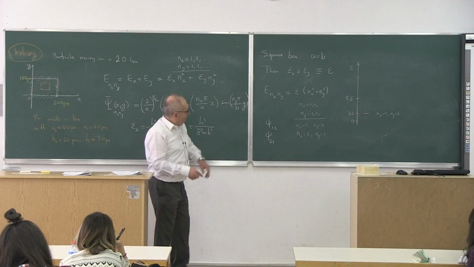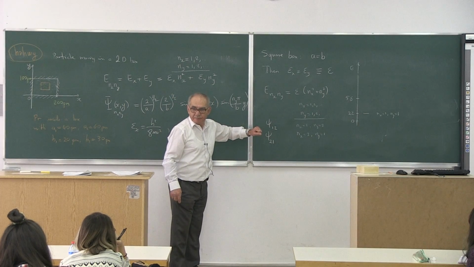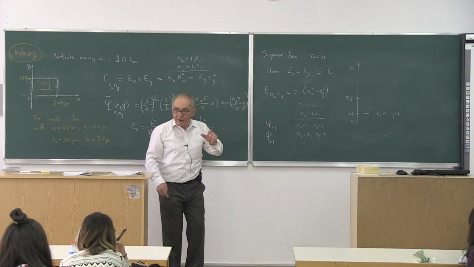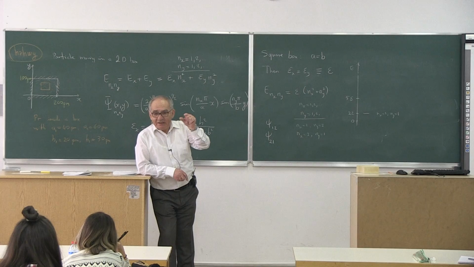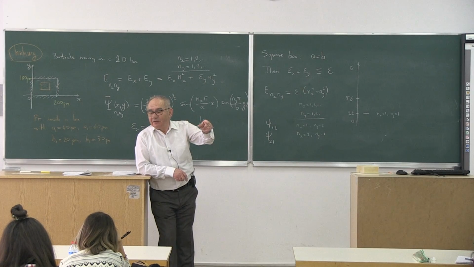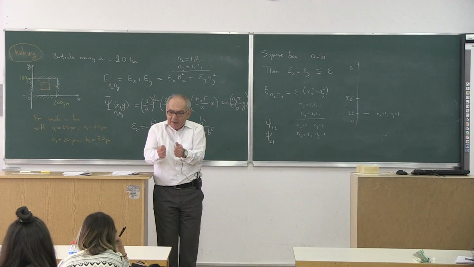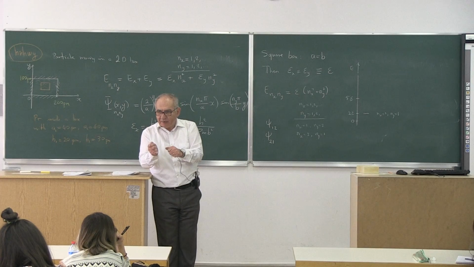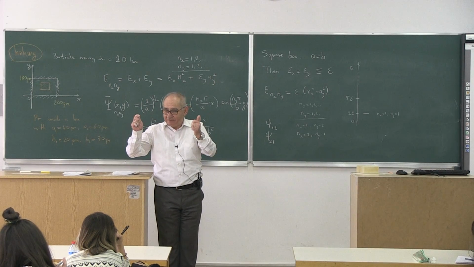Now you ask yourself, is this function the same or different than that function? Why? Because each different state function means a different state. Therefore, you have to compare if they are the same or different. If they are different, we are talking about different states.